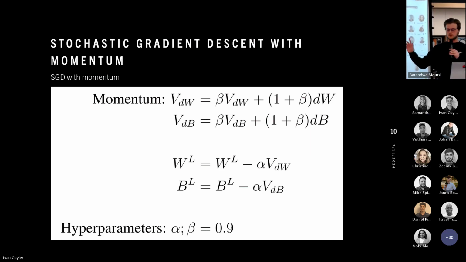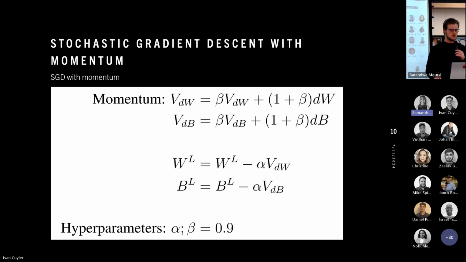This method is called momentum because you can think of a ball rolling down a hill. This would be its velocity, and then this, because there's a derivative there, would be its acceleration. And that's it, as simple as that.